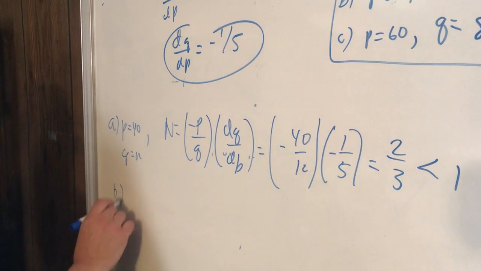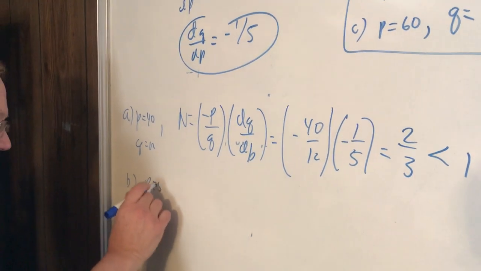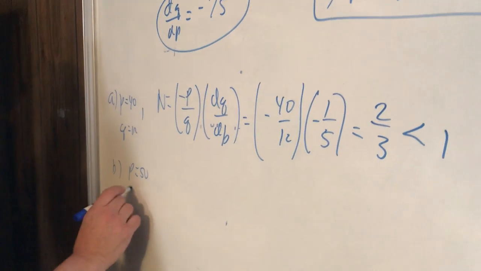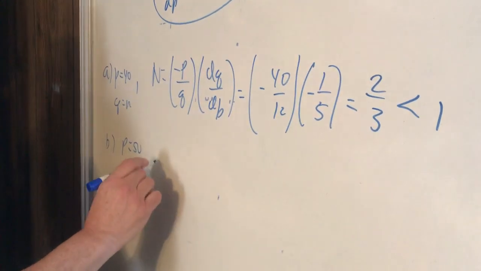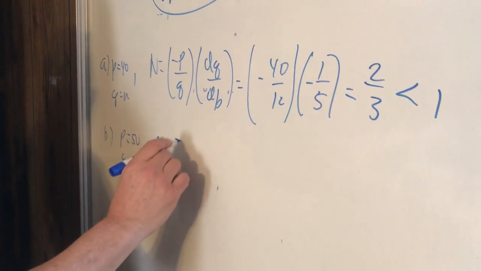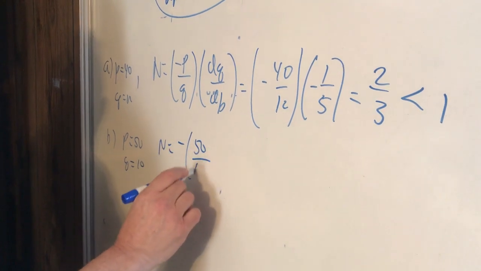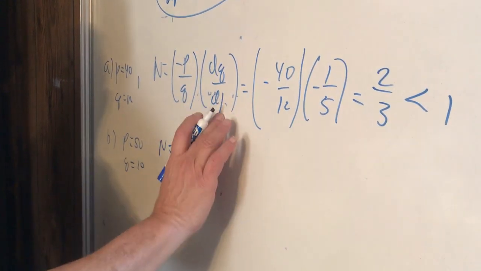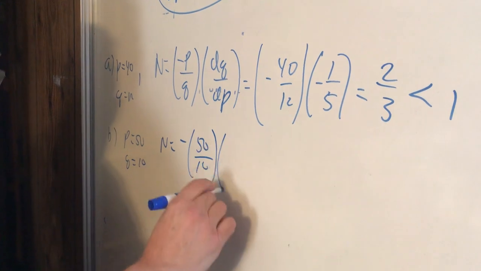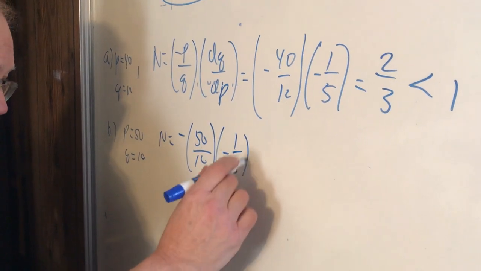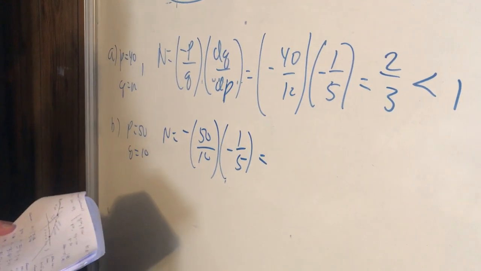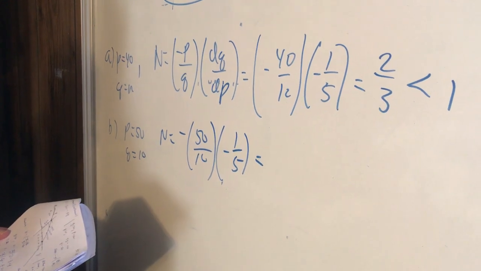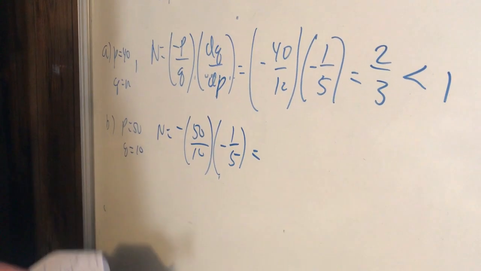Let's do B. P equals 50, Q equals 10. So N equals minus 50 over 10 times dQ/dP, which does not change, minus 1/5. And when I do that, I get that this is equal to 1.